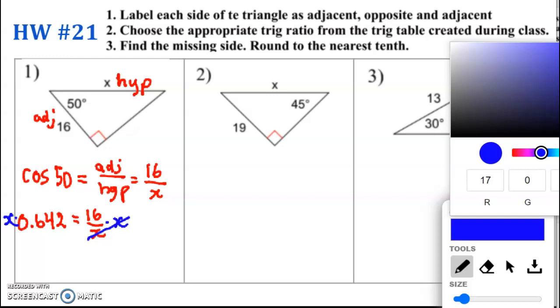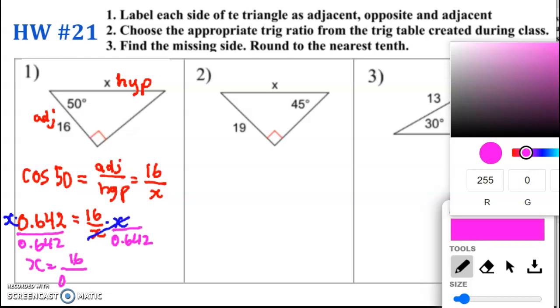That means we actually need to divide both sides by 0.642. So you're dividing both sides by 0.642, and you have x is equal to 16 divided by 0.642.